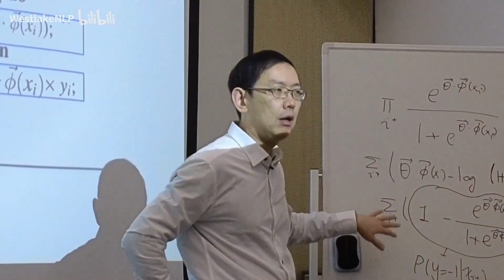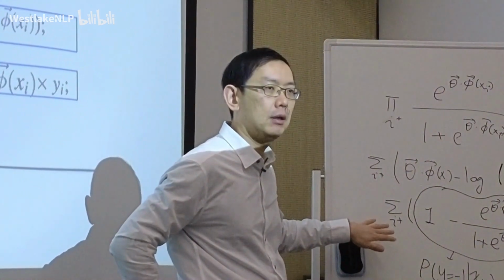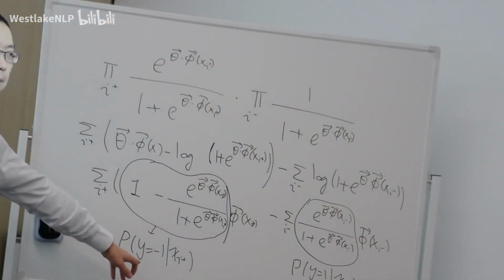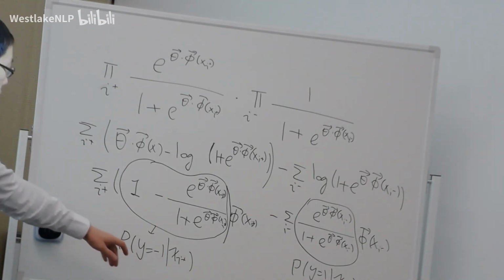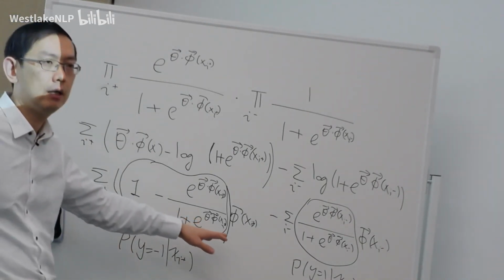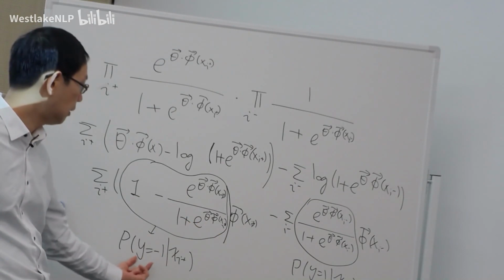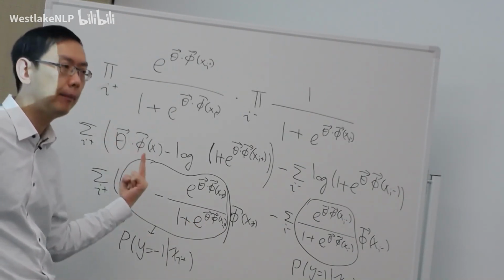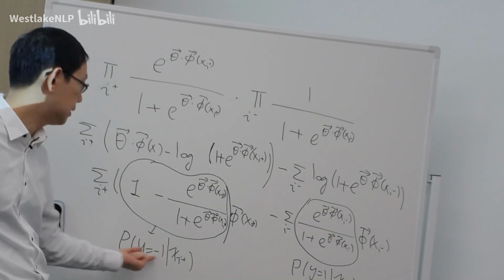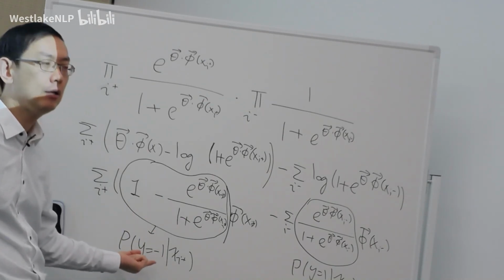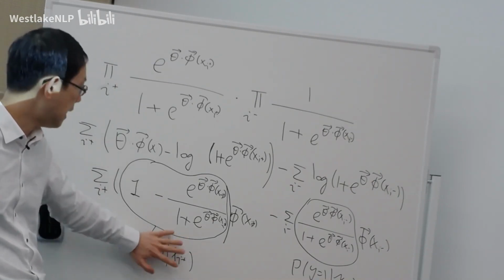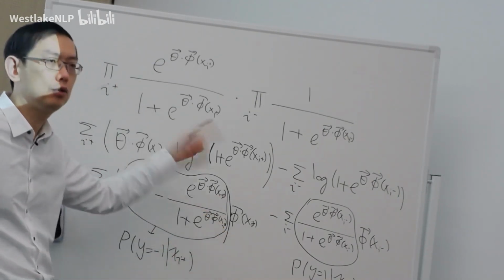For positive classes, the weight is the negative model score. What does it mean? Think about it. If given a positive instance, your model believes that the probability of it being negative is 1, your model is confident that it's a negative instance, then you will do exactly the same as the perceptron update. You just add 1 times the feature vector to the model parameter.